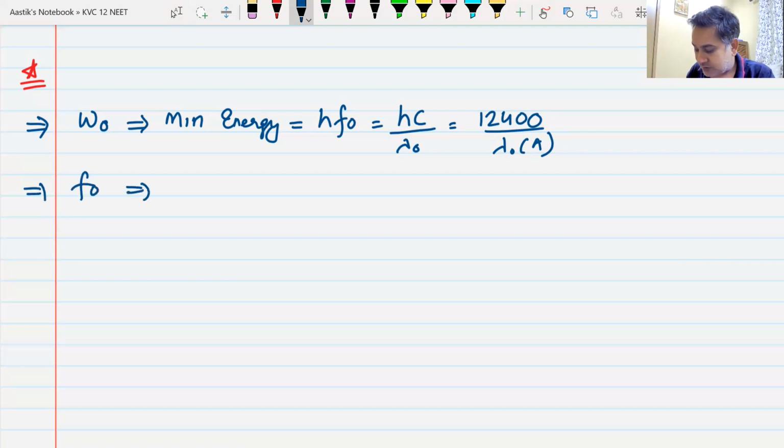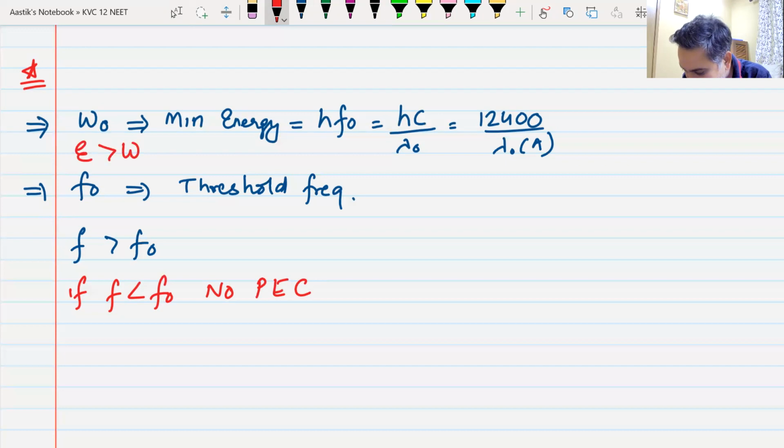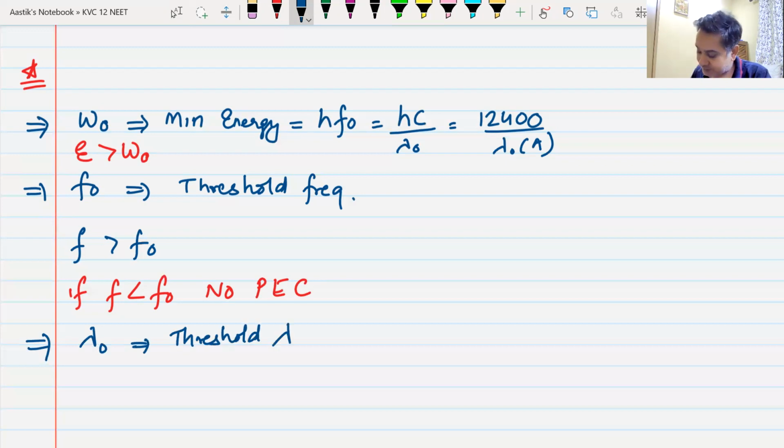f naught, threshold frequency. Frequency of radiation must be greater than f naught. If f is less than f naught, no photoelectric current. Also, energy of radiation must be greater than W naught or W. Lambda naught, threshold wavelength.